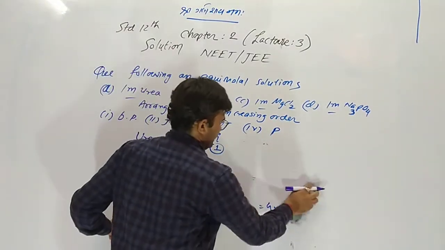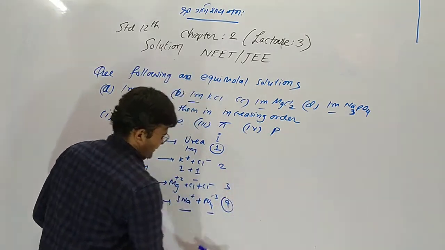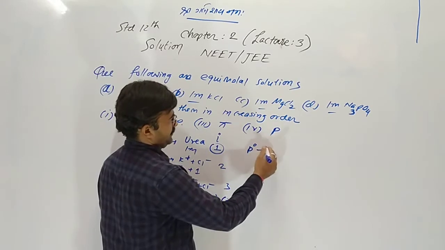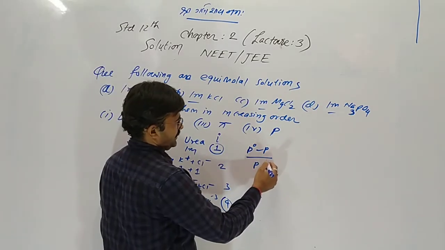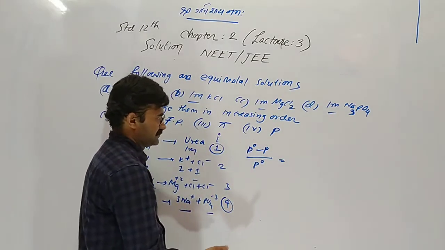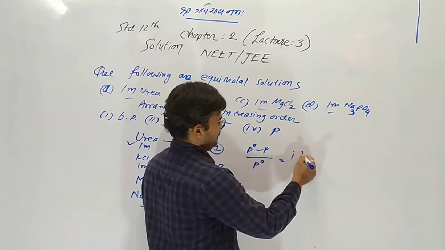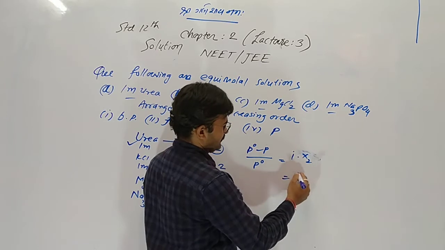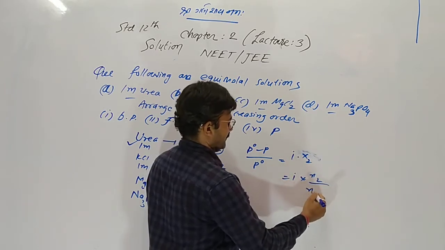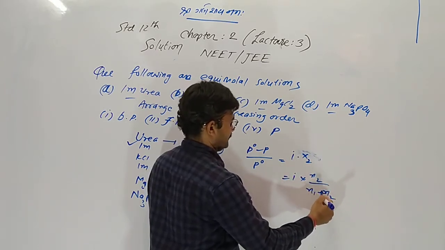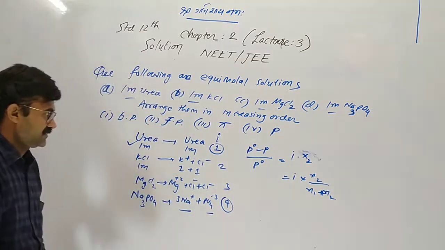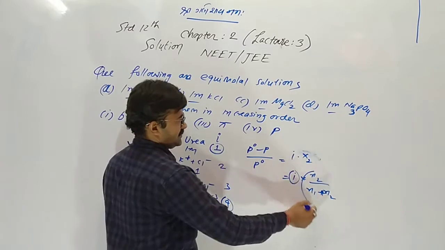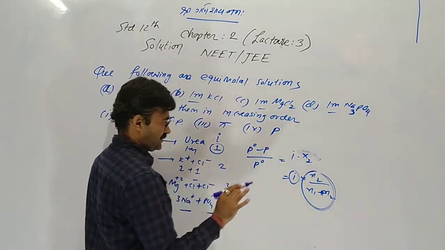Now what about the vapor pressure of the solution, Ps? We know P degree minus P upon P degree is equal to i x2, that is i n2 upon n1 plus n2. As i increases, molality is 1, so it is constant.